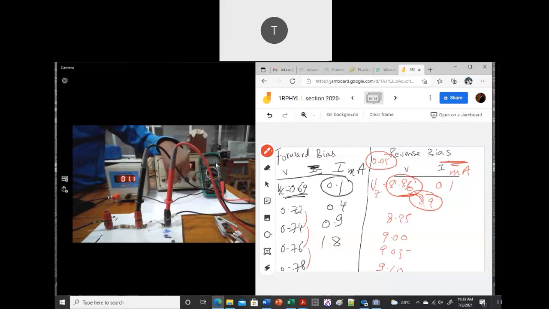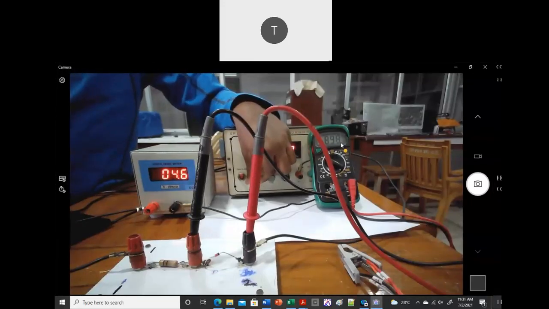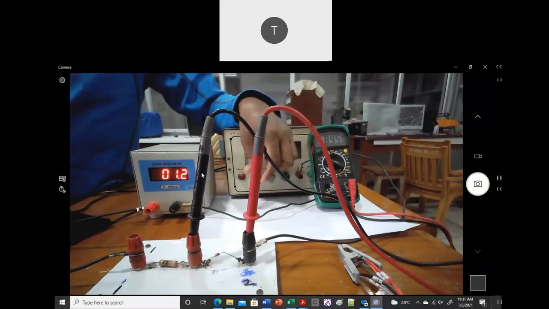Once you get 8.95, so I think that's too much. Okay, 8.95. You write down the current. The current is 1.2.